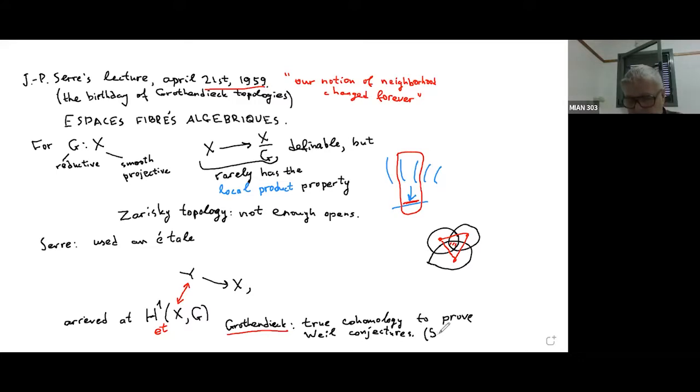By the way, as historians say, Serre was quite skeptical about it, but Grothendieck was used to have his own ways. So this birth of this kind of topology, of cohomology, seemed to be almost accidental.